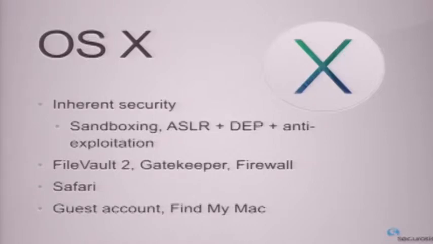ASLR means that can be in one of 256 plus random locations, so it makes it much, much harder for attackers to actually get their footholds on your operating system. And even better, Macs are all 64-bit operating systems these days. All the new hardware you get has a lot of additional security built into the Intel chips that OS X now takes advantage of.